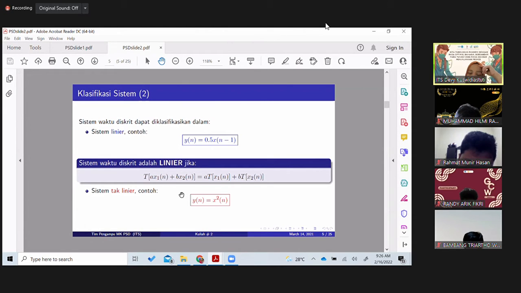So you understand the difference? So if we draw it on the box, you could say that this is the system, and this is the yn, and this is the xn here.